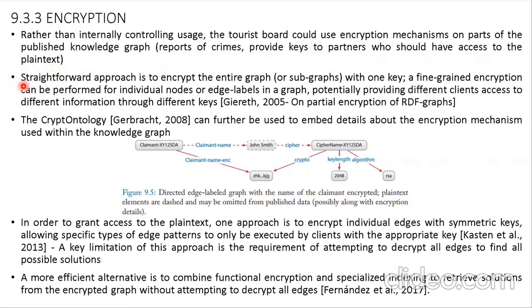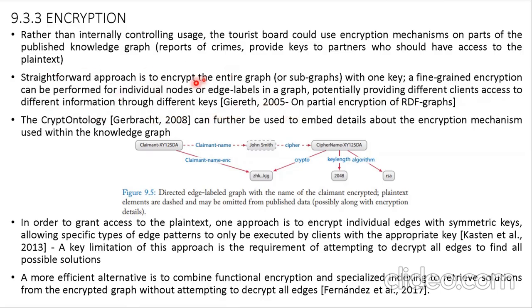For example, the straightforward approach is to encrypt the entire graph or a subgraph with one key. A fine-grained encryption can be performed for individual nodes or edge labels in the graph, potentially providing different levels of access to different information through many different keys.